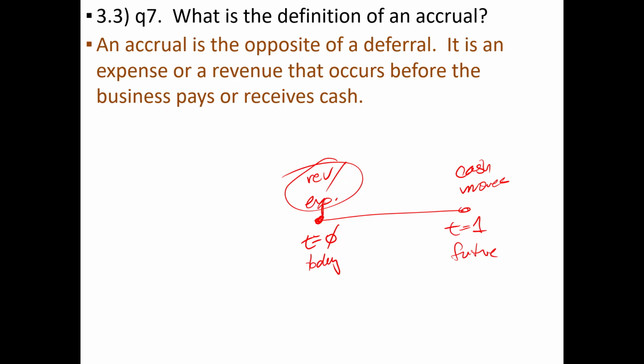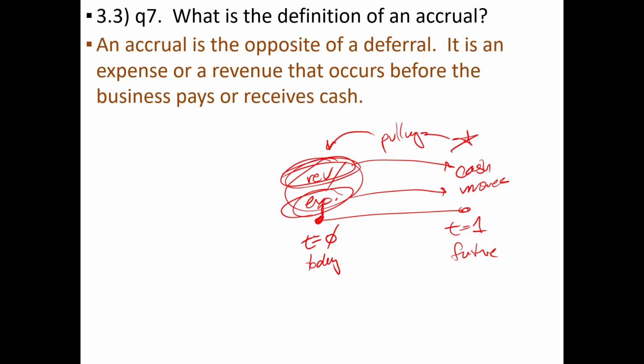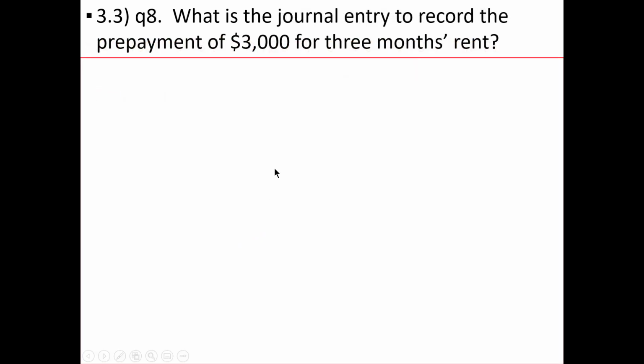So if we're talking about recognizing revenue today, we'll recognize revenue, say, on account, and we'll receive the cash later on. Maybe people have worked for us, so we'll recognize the expense today, but we'll pay out the cash in the future. So we're talking about accruals as we're taking the revenues and expenses and pulling them into today. Even though cash is moving in the future, we want to pull them into today. So that's the notion of accruing, is we're bringing it on board. We're recognizing it right now because that's the trigger event, the revenue or expense.